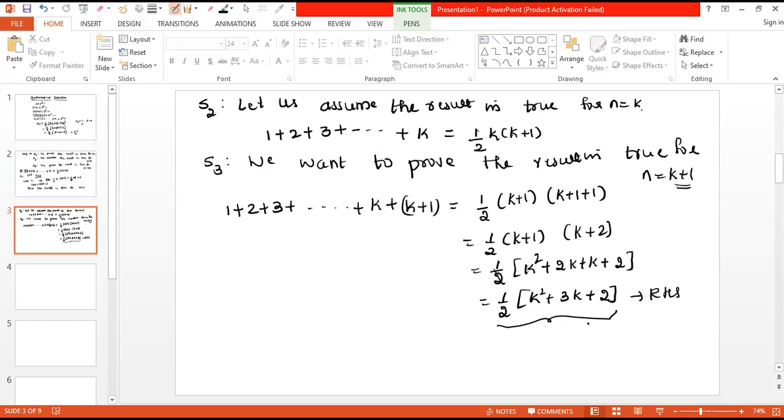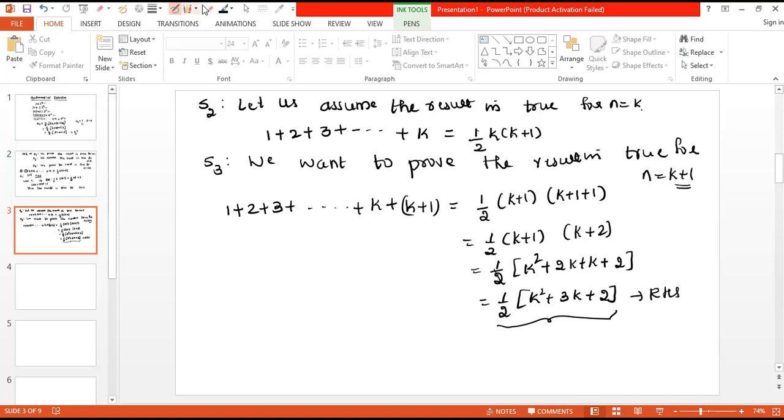Now we need to prove that our LHS is also the same. If you prove that LHS and RHS are the same, then we can say that this is what we wanted to prove.